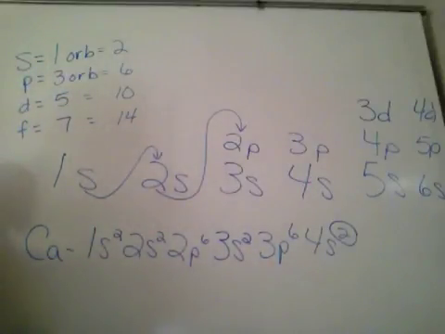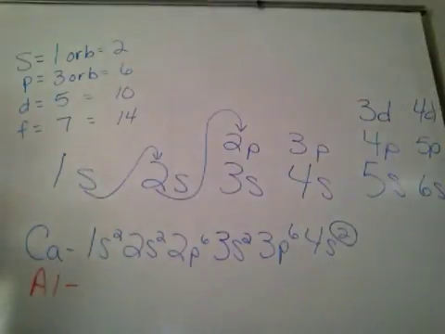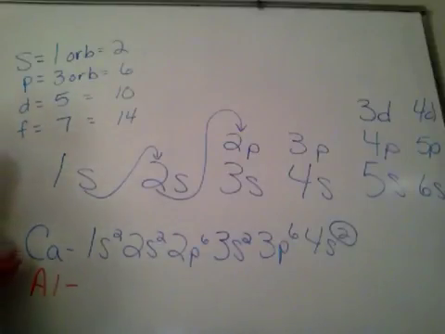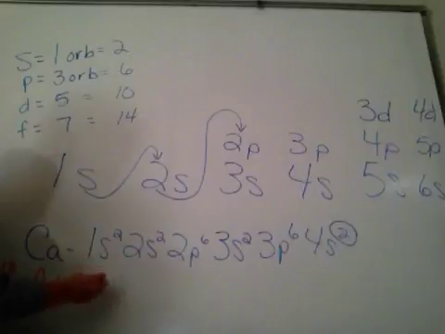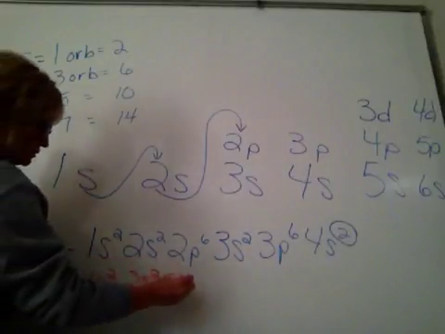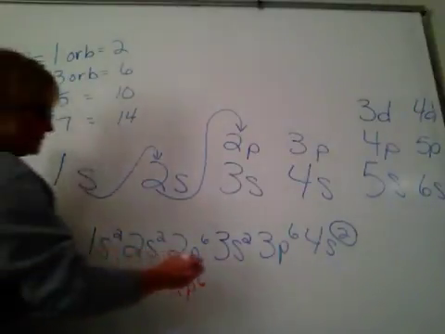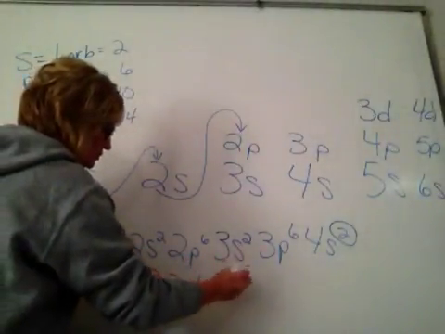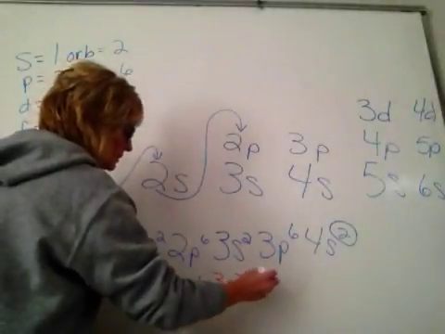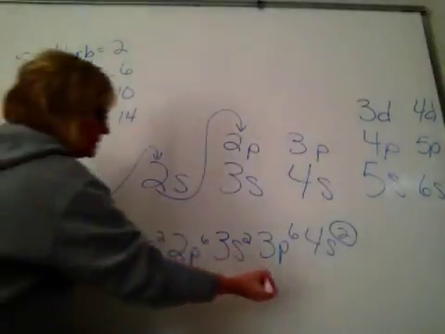Let's do one more. Let's go with aluminum. Aluminum has how many electrons? 13. So I know I'm going to do 1s2, 2s2, 2p6, that gives me 10. 3s2, 3p what? 1.